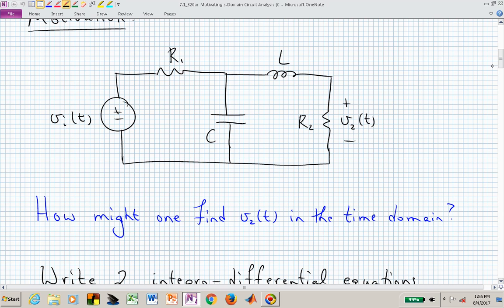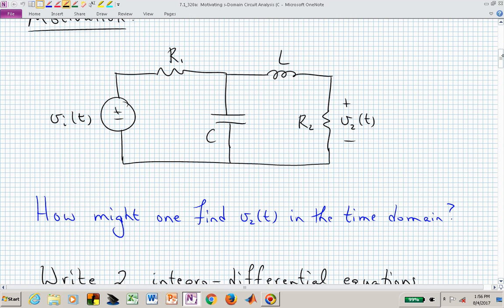You could write two mesh equations, or nodal equations. Why two? Well, I have two energy storage devices, and that means I'm going to have a second order system, or two first order coupled differential equations to work with.